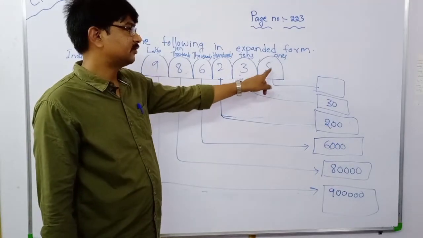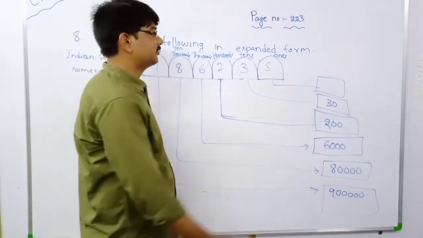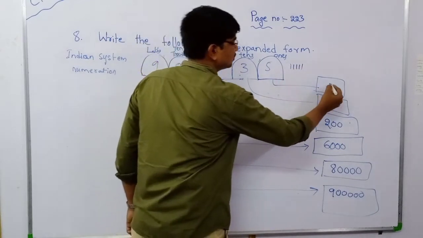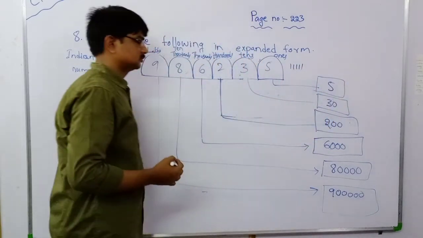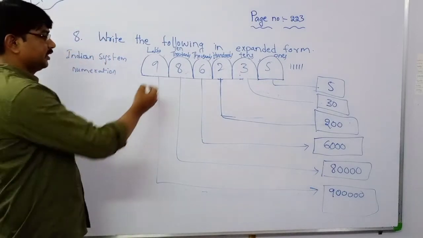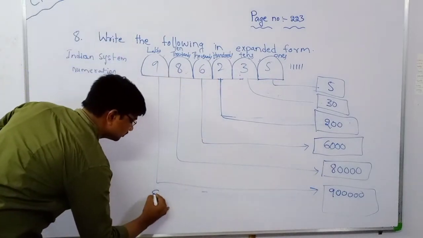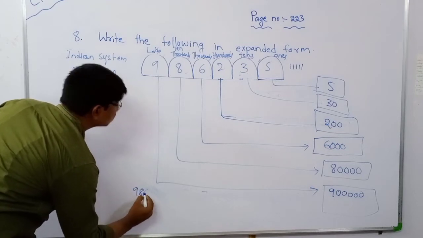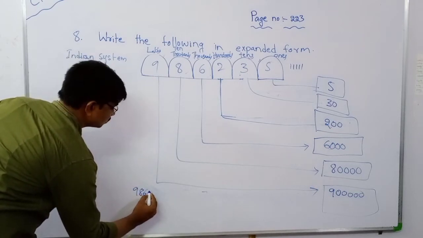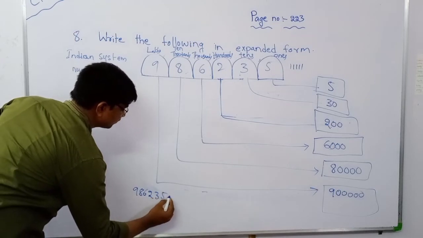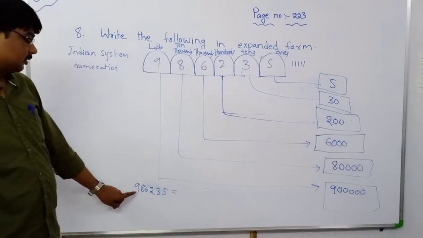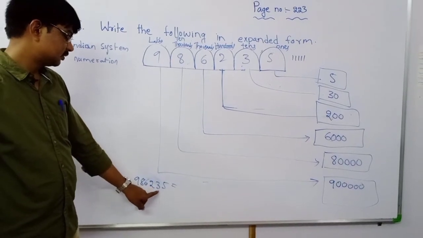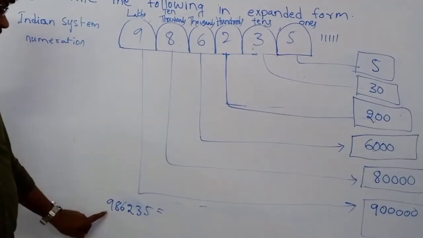Next 5 at ones place. 5 ones, 5. Finish children. Next 986 235. It means 9,86,235.